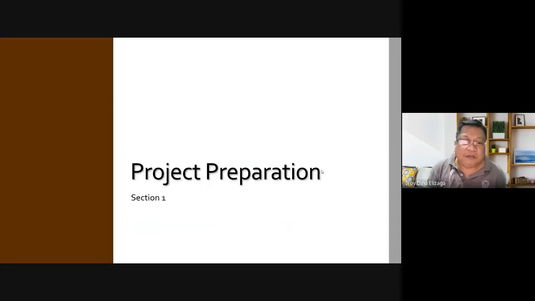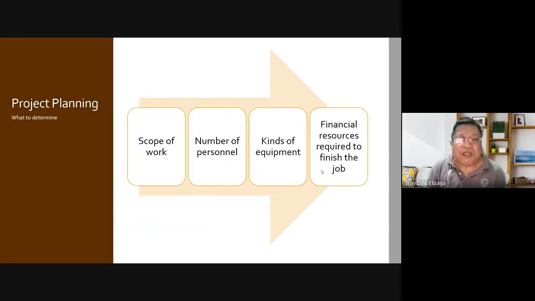In project preparation, there are steps that must be followed. First, we define the scope of work, and after agreeing on the scope of work with the client, you can determine the number of personnel and the skills needed. For example, if you need a photographer, or someone who can use a particular instrument.